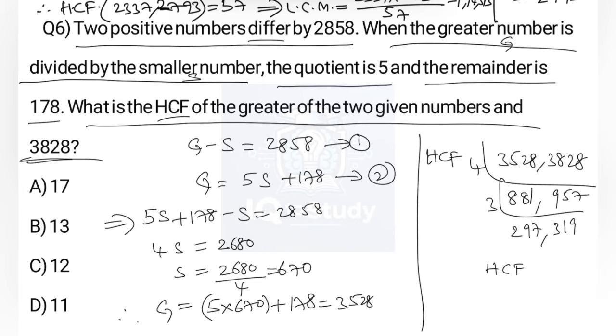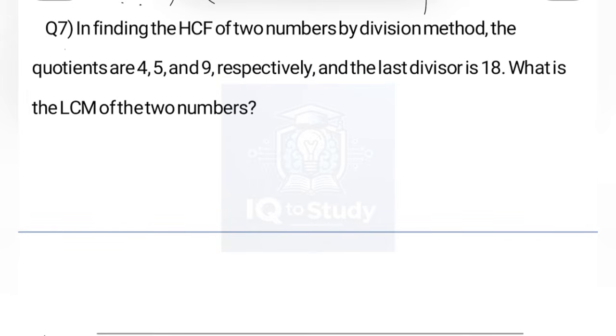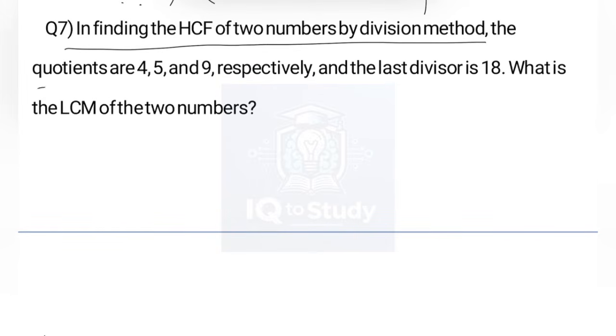So, HCF is equal to 12. In finding HCF of two numbers by division method, quotients are 4, 5, 9 respectively and last divisor is 18.